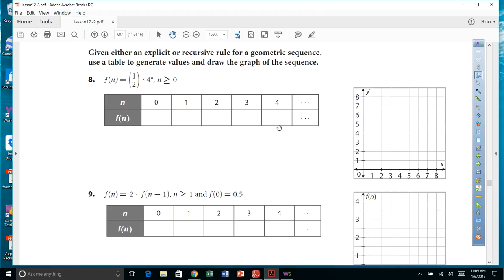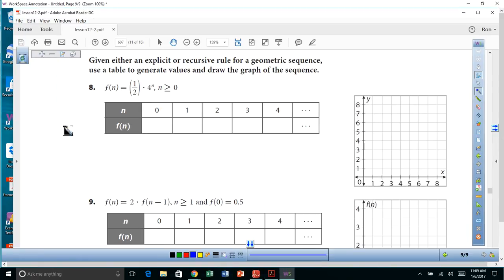All right, let's look at number 8 here. Given either an explicit or recursive rule for a geometric sequence, use a table to generate values and draw the graph of the sequence. All right, so how do we do this? Well, f of 0 equals 1/2 times 4 to the 0 power.